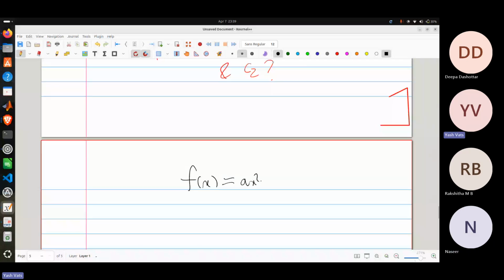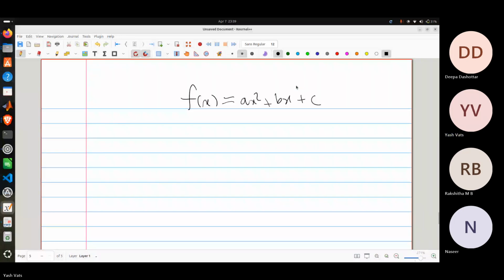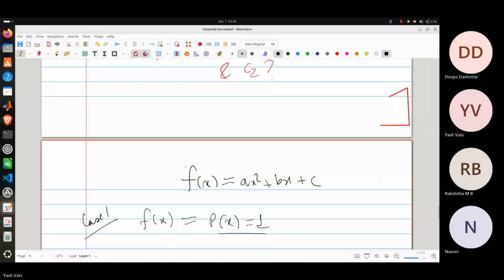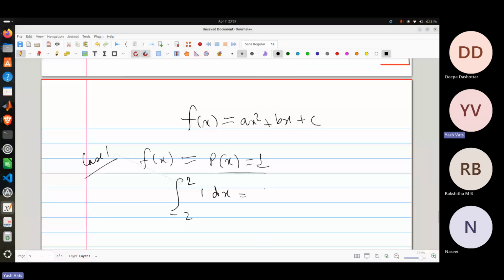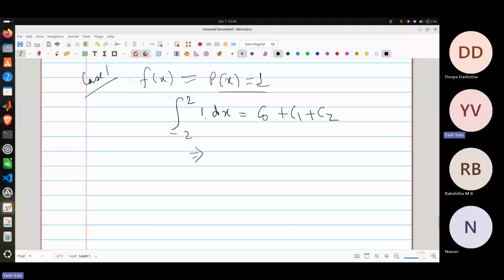As a first step, you calculate f(x) for case 1, f(x) equals 1. Then you substitute it here: integral from minus 2 to 2 of 1 dx, which is the same as c0 plus c1 plus c2, because all the values will be the same. And that will be 2 plus 2 divided by 2, that is 2.